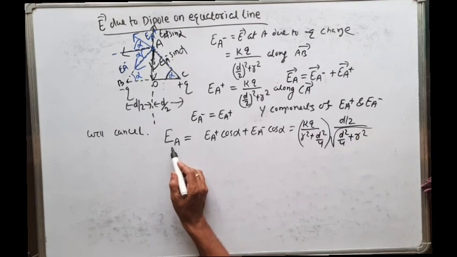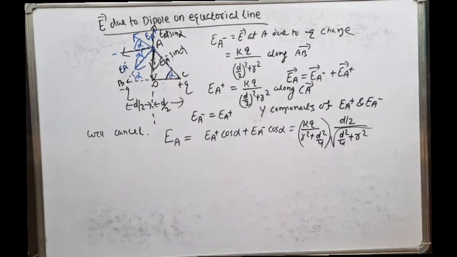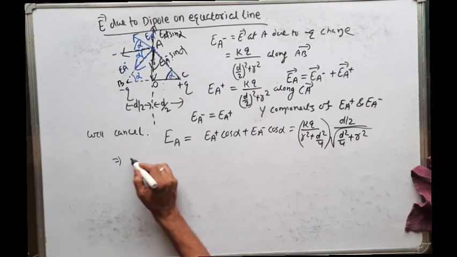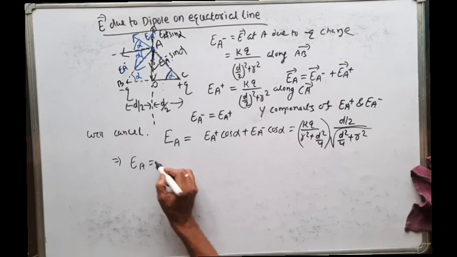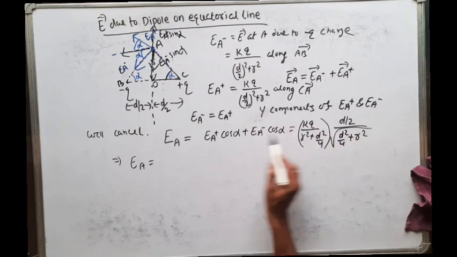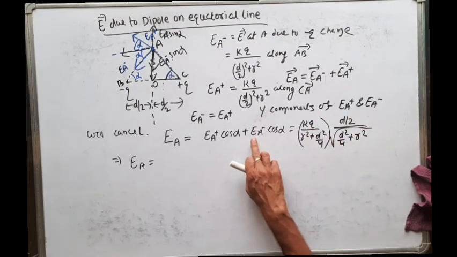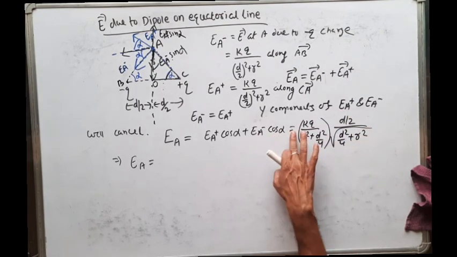So this is the total electric field intensity at which point? A point. And this A point is lying on which line? The equatorial line. So that implies EA is equal to, you see, EA cos alpha. Yes, this is EA cos alpha. Similarly, this is EA minus cos alpha. Both are the same.